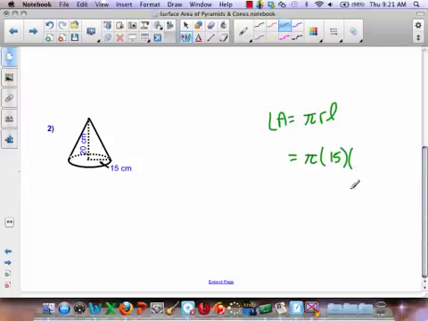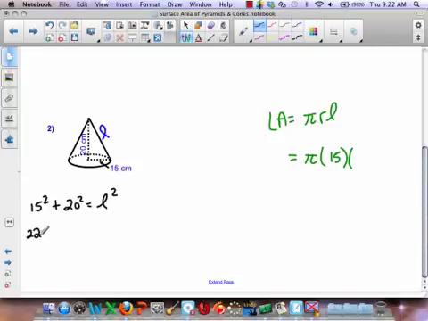This is a problem, isn't it? Not really. Okay, so do we have our slant height? No, that's right here. Well, what do we have? We have a right triangle, so what can I use? Alright, so a squared plus b squared equals c squared.